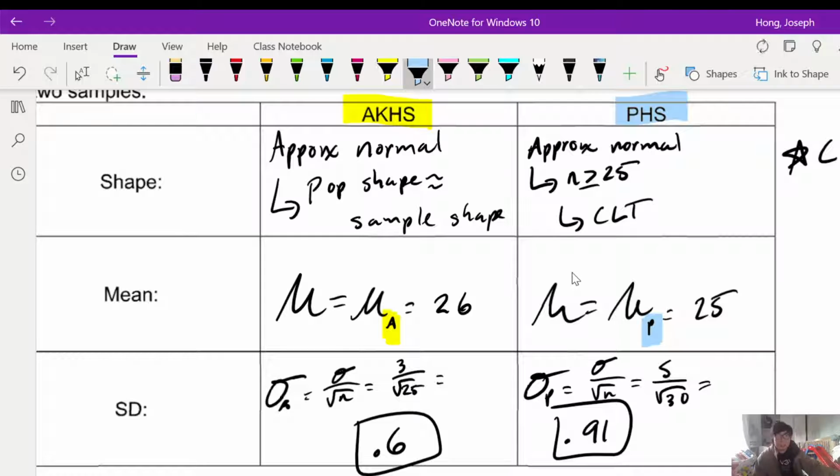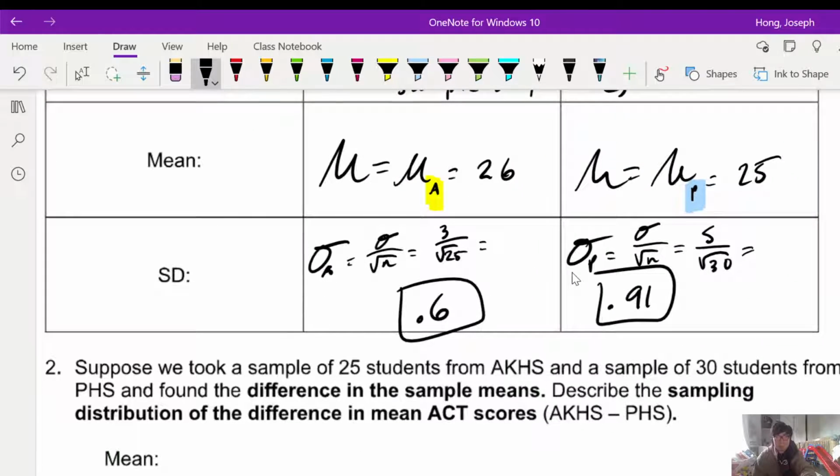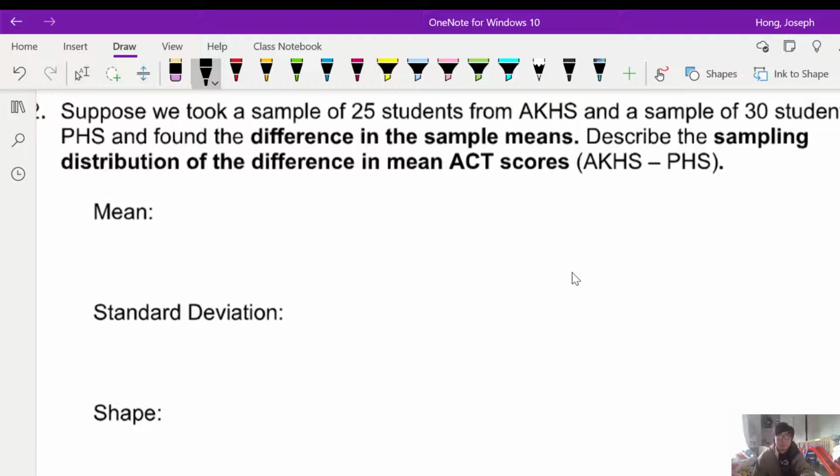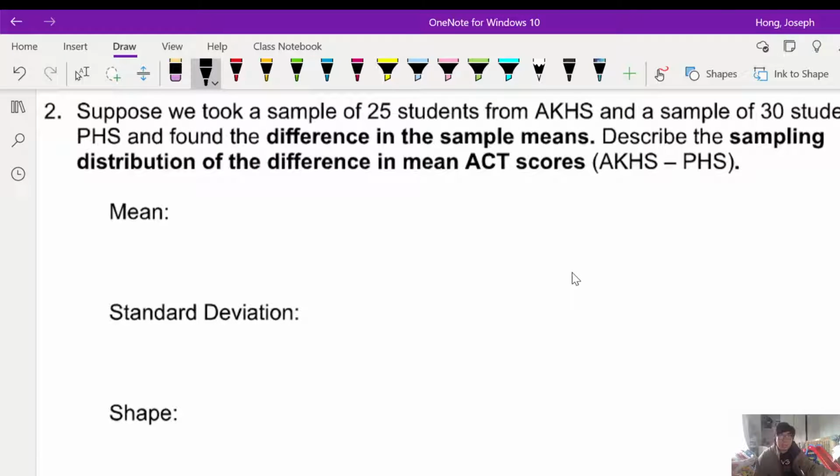Last but not least, I used the standard deviation equation. Remember that the standard deviation of the sampling distribution is the standard deviation of the population divided by the square root of the sample size. So I used the square root of 25 for our first sample, and the square root of 30 for my second. So suppose that we took a sample of 25 from AKHS, and a sample of 30 for PHS.